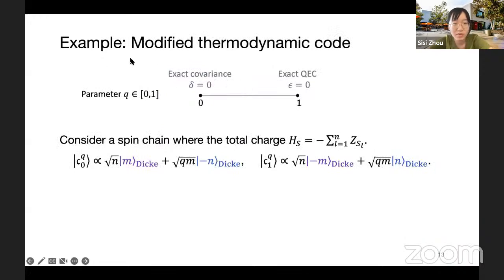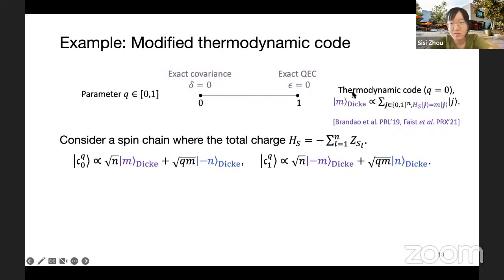The second example is called the modified thermodynamic code, and it is a family of codes that interpolate between exact covariant code and exact error correcting code. On the exact covariance end, when we take this parameter Q to be 0, we have the exact thermodynamic code.